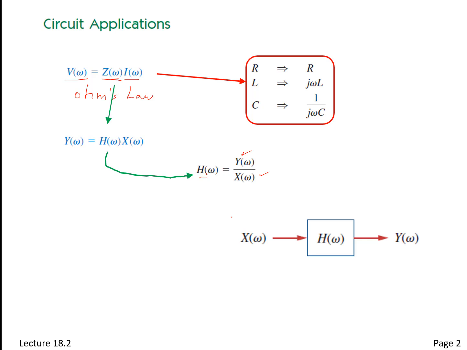Okay, and in fact we draw that as a little box here where the output right here is a function of the input according to this rule, h of w. But all of these are in the frequency domain. They're all frequency characteristics.